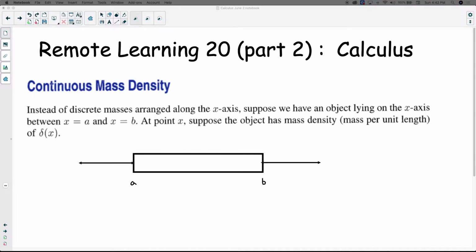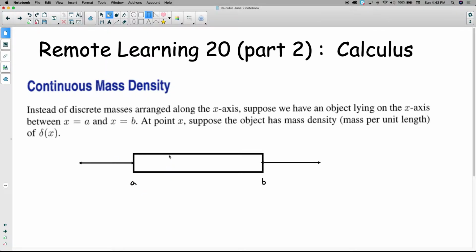So in order to find the center of mass of this sort of object, what we're going to do is we're going to chop this thing up into n many little sections, all that are going to have a width of delta x.